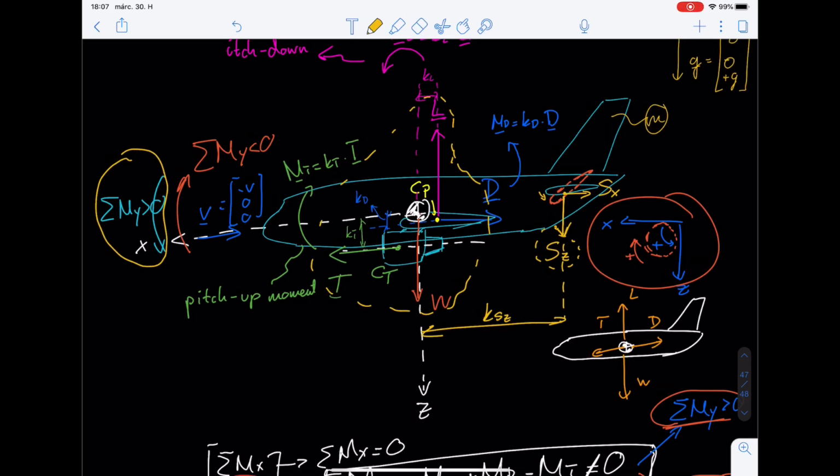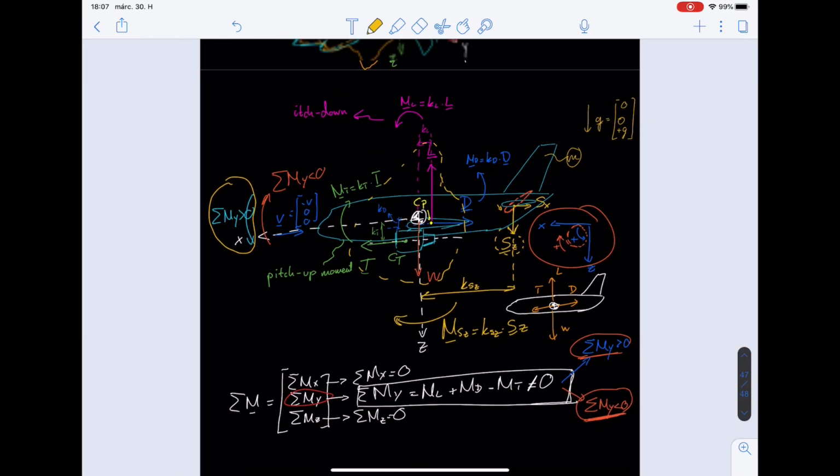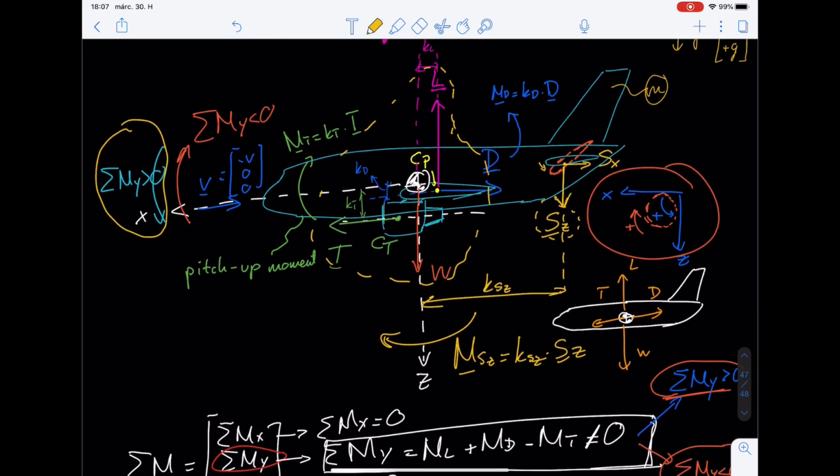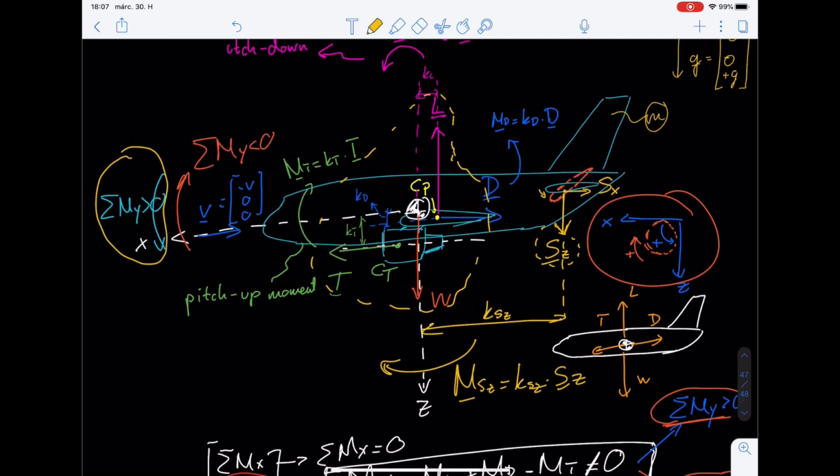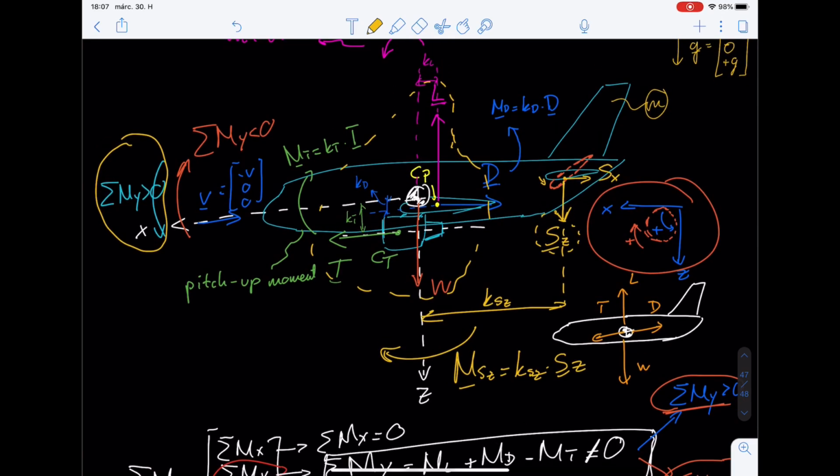It would generate a moment, a pitch up moment around the center of gravity with the magnitude of the arm times the force. And this is what you get from this whole point of view.